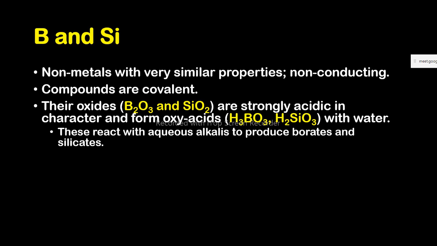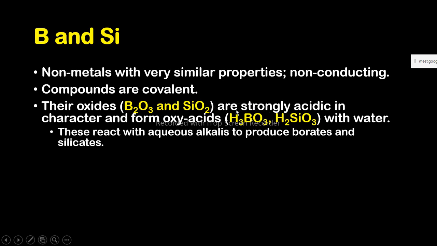The oxides can dissolve in water to produce an acidic solution. Those are the acidic oxides. And which acidic solution? You have the oxyacids, boric acid and silicic acid, when the oxides are dissolved in water.